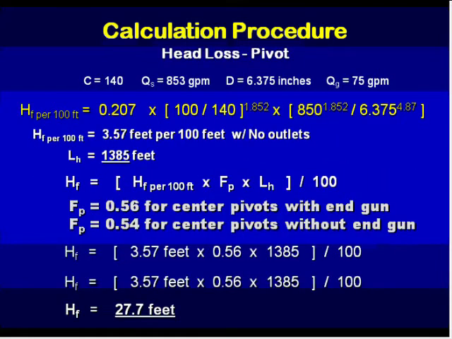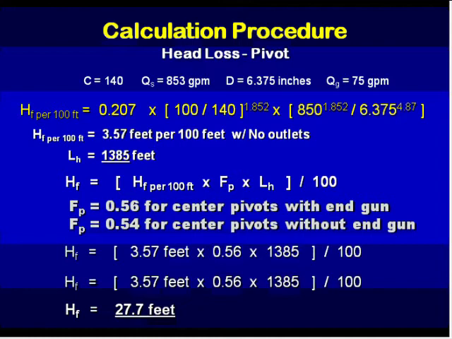So we now have our 1,385 feet for our effective hydraulic length, and we go then to the friction loss equation, where we utilize the friction loss in 100 feet of pipe, and we multiply that by a friction factor based upon having outlets in the pipeline, and multiply that whole thing by our effective hydraulic length.